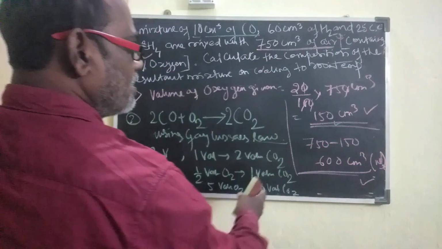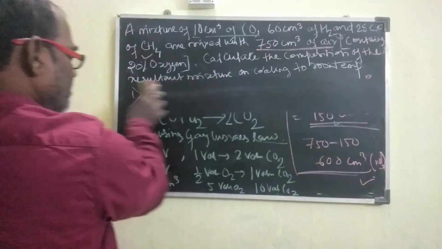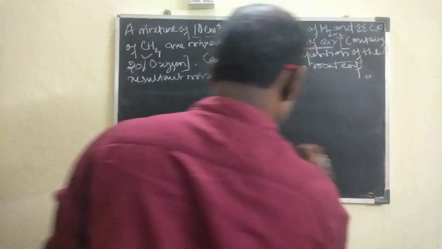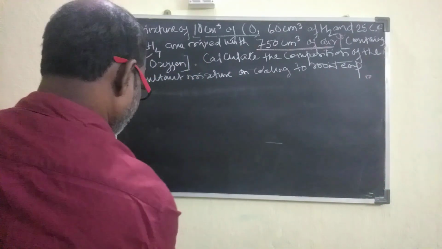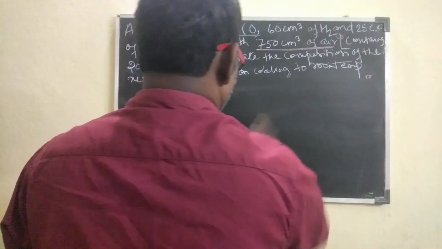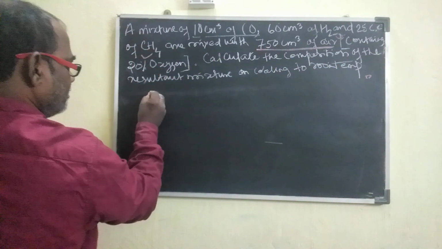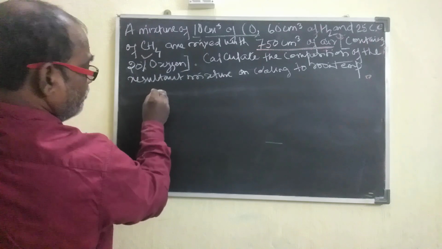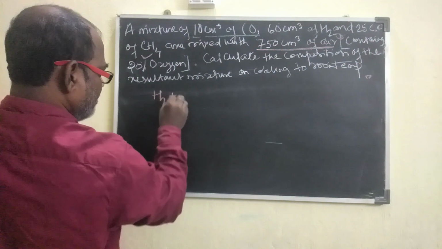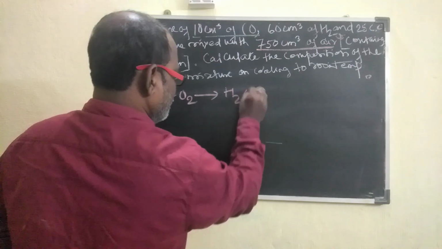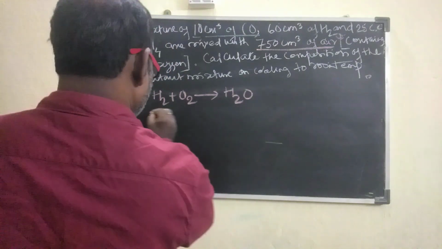So let us rub this. And writing this equation, 60 centimeter cube of hydrogen. Let us balance this.